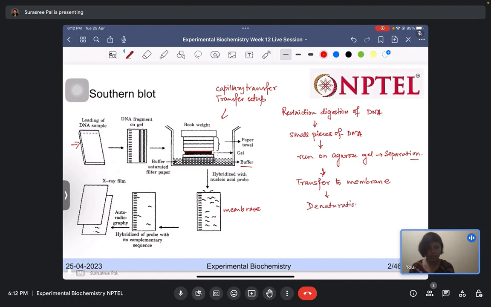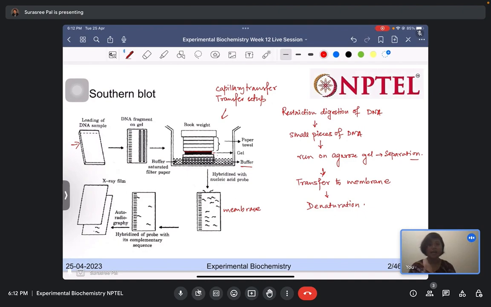Now what is denaturation? Basically it converts the double-stranded DNA to single-stranded DNA, right? Denaturation is important because in the next step this particular DNA of our interest will be bound, or hybridized, with a specific nucleic acid probe.